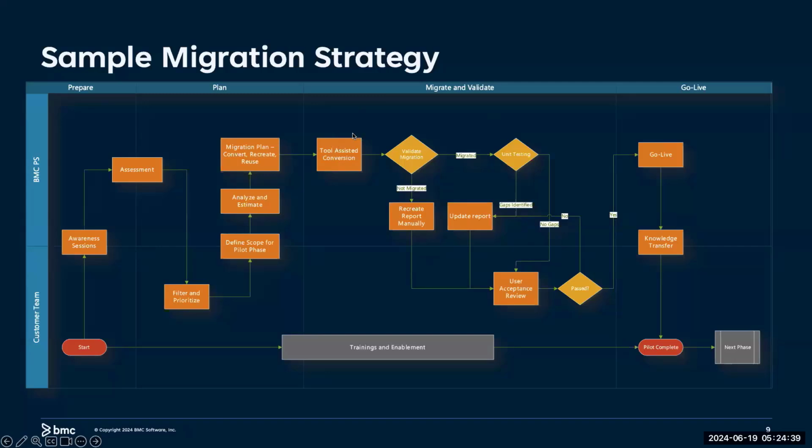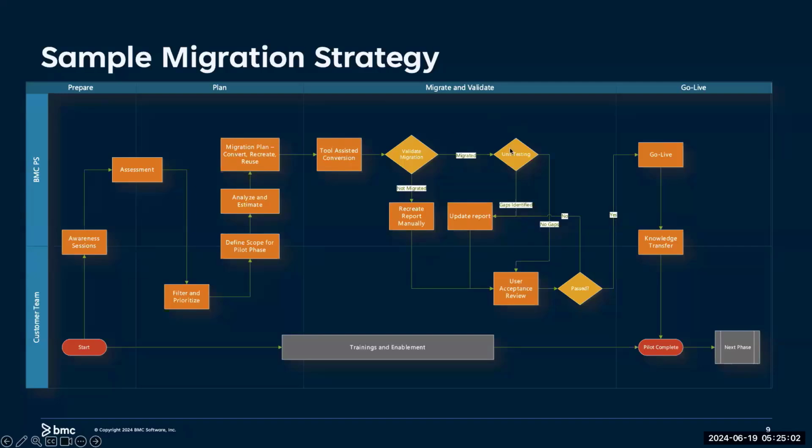Now we pick up all the ones that need to be converted. So we're not talking about recreate or reuse right now. We're talking about the ones that need to be converted. The first step would be to run the migration tool, see what reports can be migrated, and we'll have a fair idea based on the assessment that we have done at the beginning.